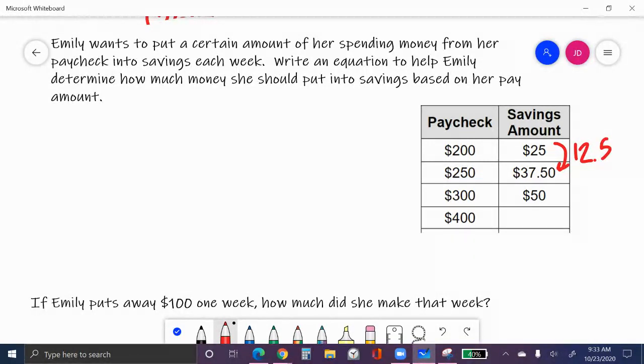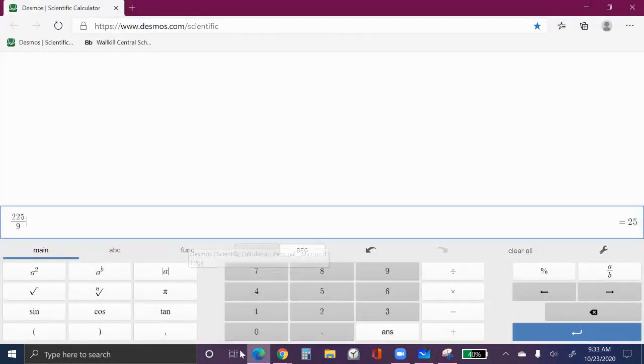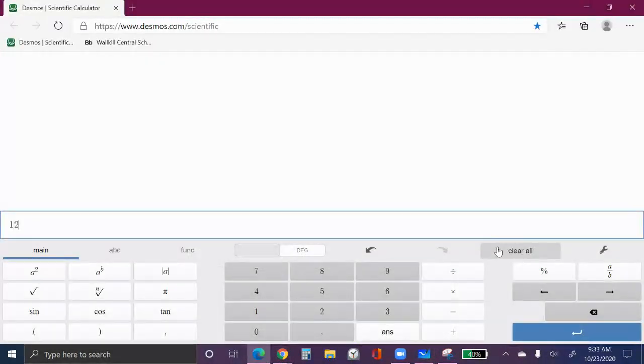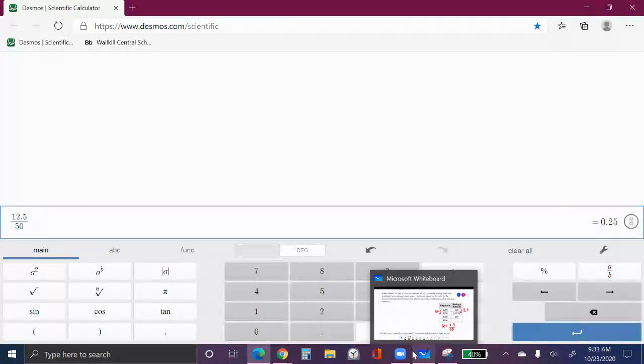And this goes from 200 to 250, which goes up 50. So my slope is 12.5 over 50. I'm going to leave this a decimal whenever you're dealing with money. 12.5 divided by 50 is 0.25. So that's going to be my slope.